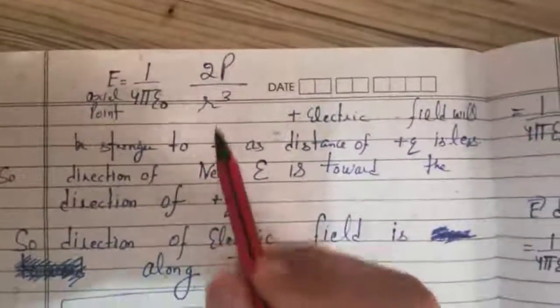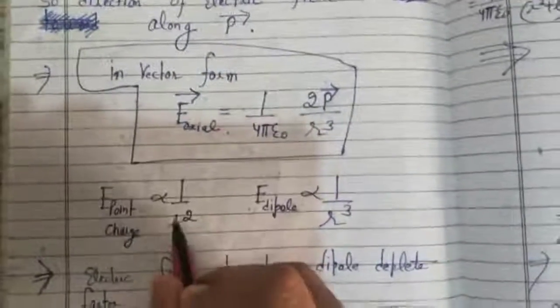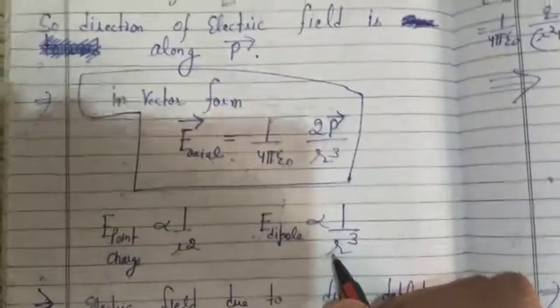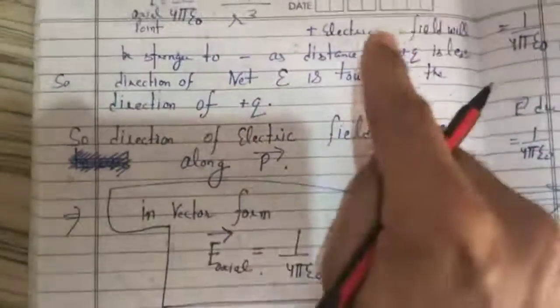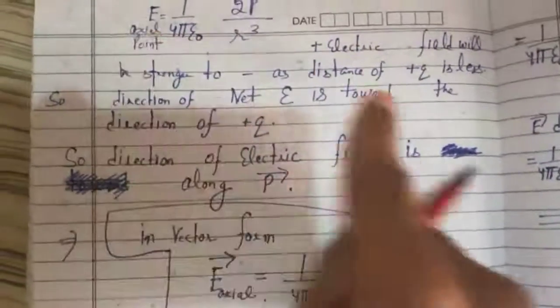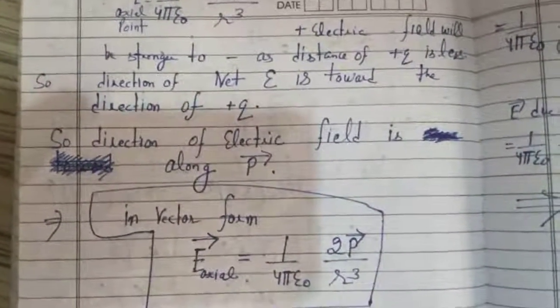Net E at the axial point is 1 upon 4 pi epsilon naught, 2P upon R cube. So this is the vector form. Point charge depends on square, dipole depends on cube. The direction of electric field is along the dipole moment, because the electric field due to plus Q is stronger, so the net will have the same direction as held by E plus Q. So this is the concept.